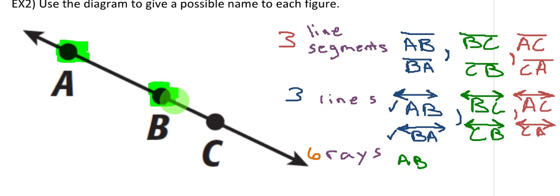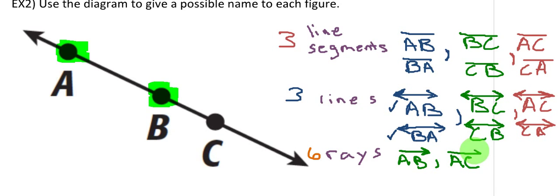I'll highlight that. And you have to represent that with what looks like a line segment bar, but rather than having two arrows on both sides, you only have an arrow on one side, and it's pointing in the direction that the ray is traveling. So you start at point A, you pass through point B. You might start at point A and pass through point C, so that's a second way to represent a ray.